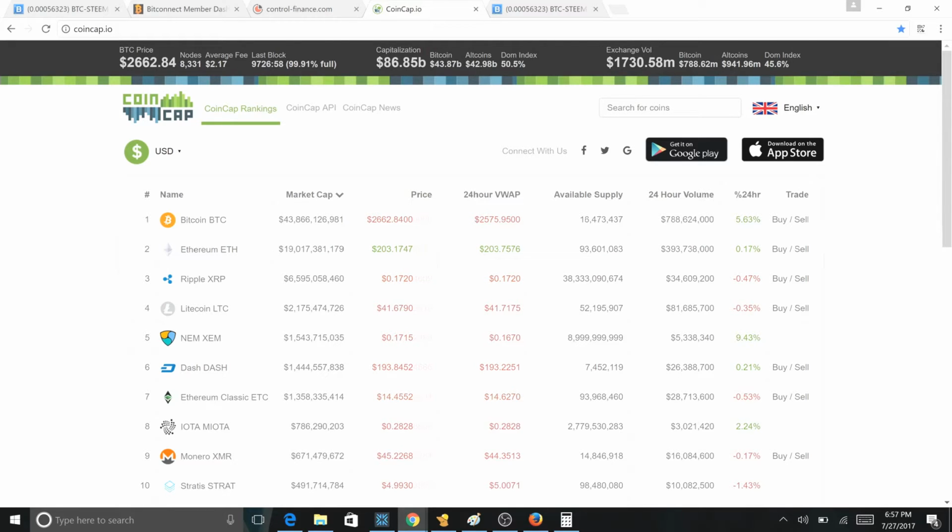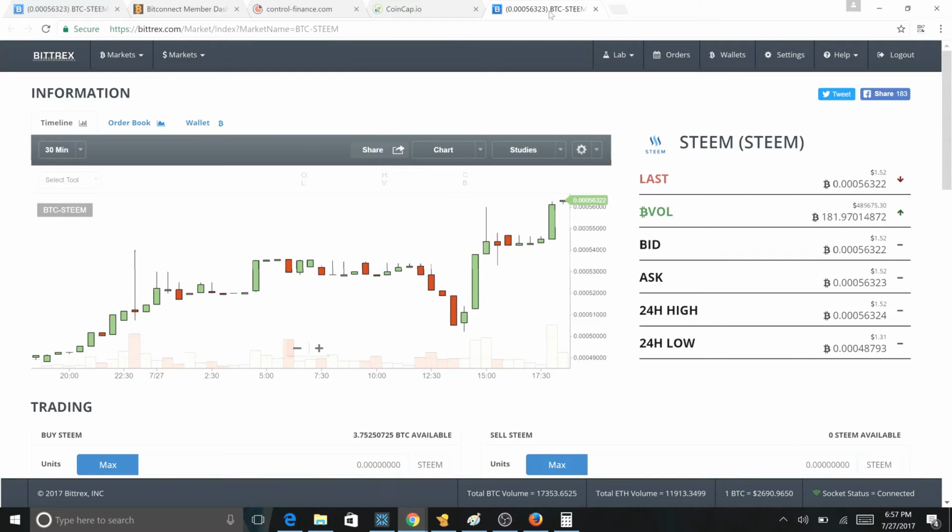I traded it into Tether, and then when Bitcoin went down to 2,450, I picked up all of the Bitcoin I could with the Tether that I had purchased with my ETH. So that was the only way I knew to make a profit with ETH, because everything else is losing with ETH right now.